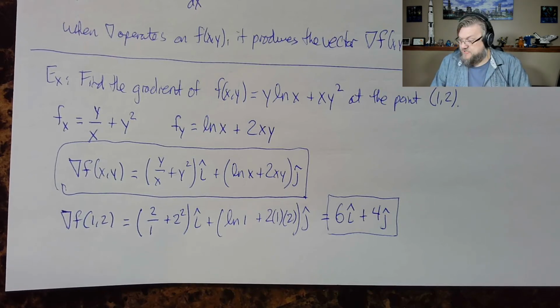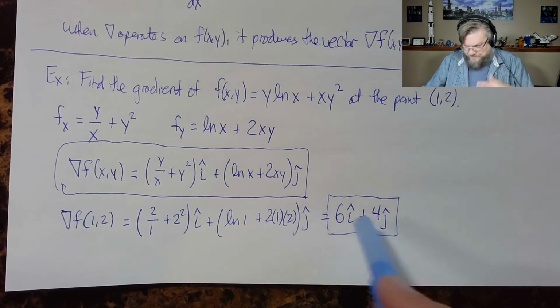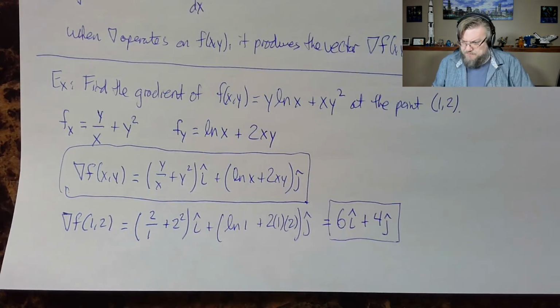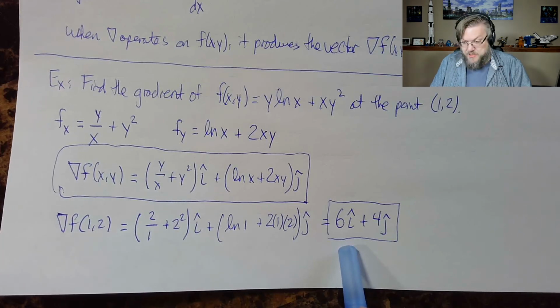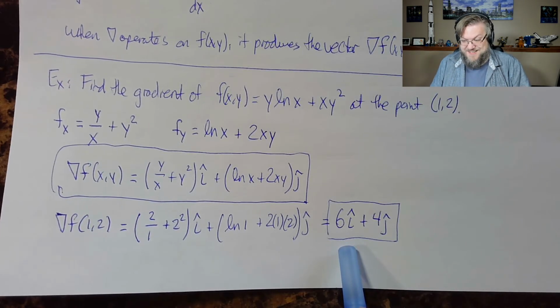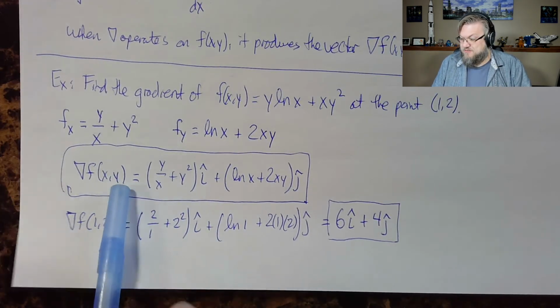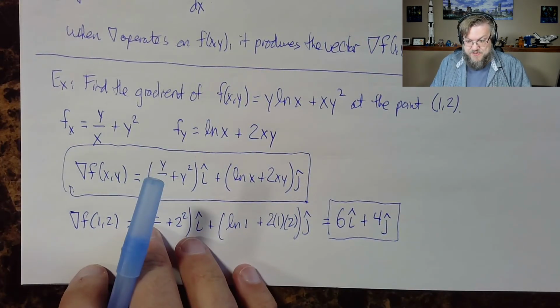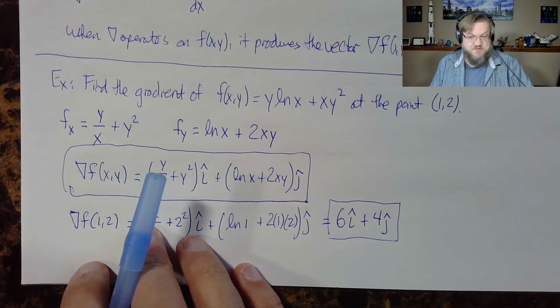We'll get to very soon what this vector means, what this means physically, what it looks like. But for now, let's just note that it's a two-dimensional vector, right? Even though I'm working with a three-dimensional surface, the gradient is a two-dimensional vector. So think of it as like holding a compass at a certain location.